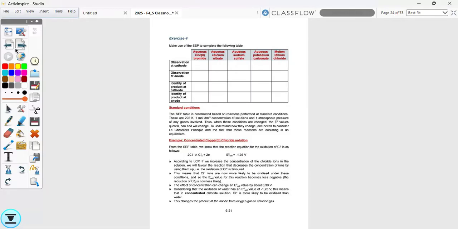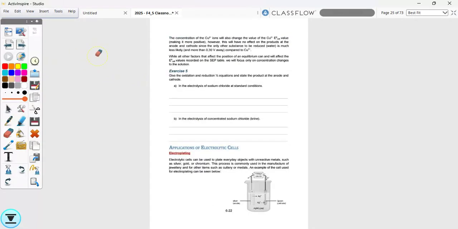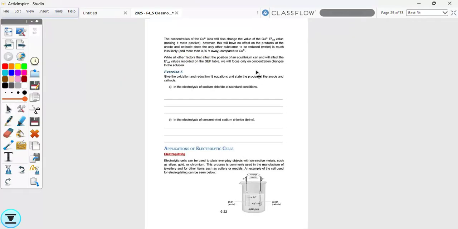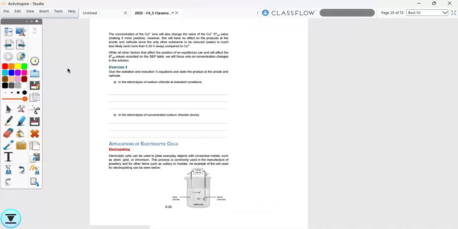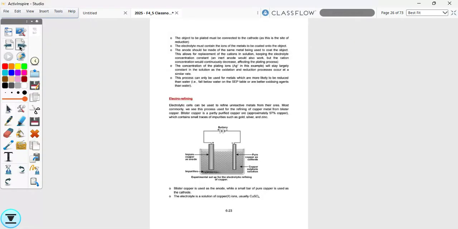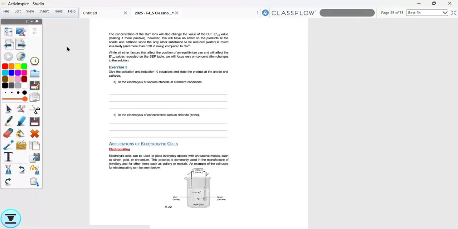All right, so this one is super important. This concentrated copper chloride one is very, very important because the chloride is the only one where you have a bit of an exception happening. So I'm going to do the copper chloride.